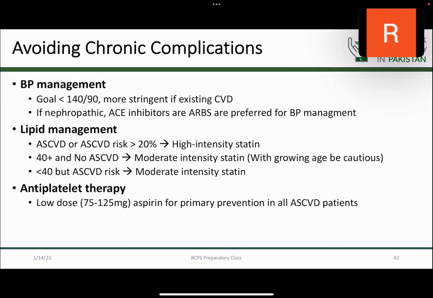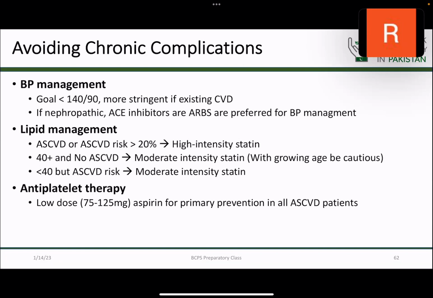So other than medications which are actually affecting the glycemic levels, there are some medications which are necessary in diabetic patients to prevent the complications of diabetes. For example, you should manage the blood pressure of the patient, and the goal from the American Diabetes Association is actually 140/90. Okay, and this goal can be more stringent if there is an existing cardiovascular disease.